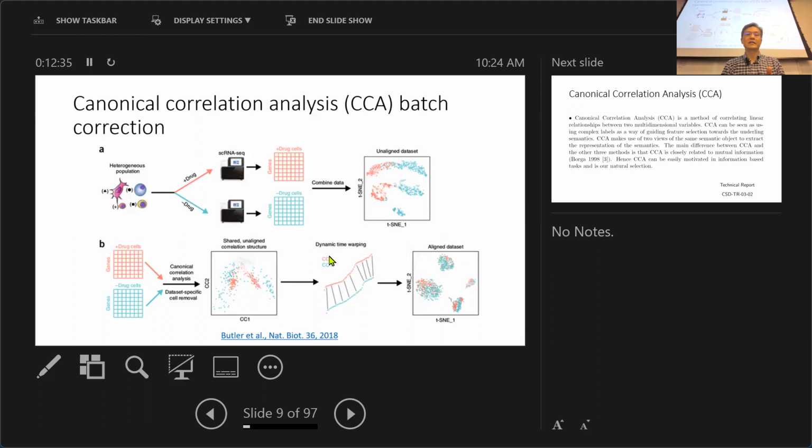So DTW, we will mention this after the CCA introduction. So you try to rescale and stretch the data to make them align. And then you recompute their positions to make the cells aligned and put in the same clusters.